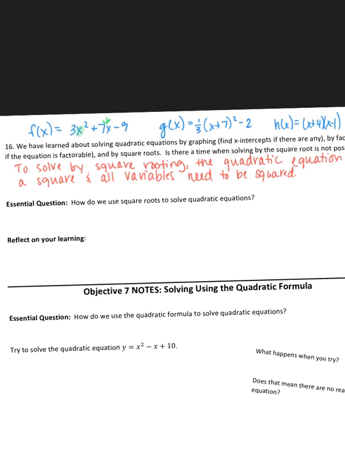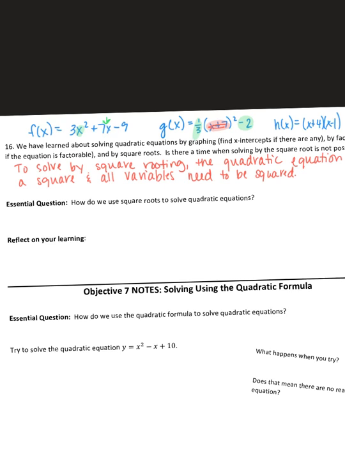Okay, when you look at vertex form, x plus 7 is being squared, and can you isolate that quantity x plus 7? Meaning, can you get rid of this 1/3 and this -2 if this g of x is a number?